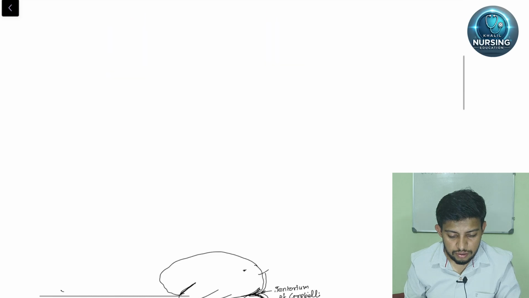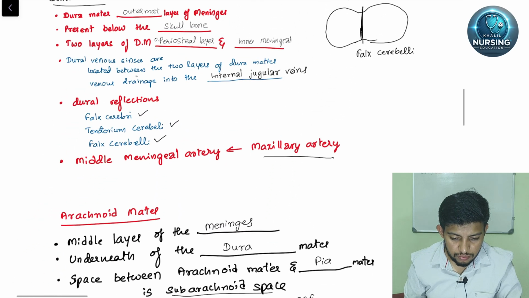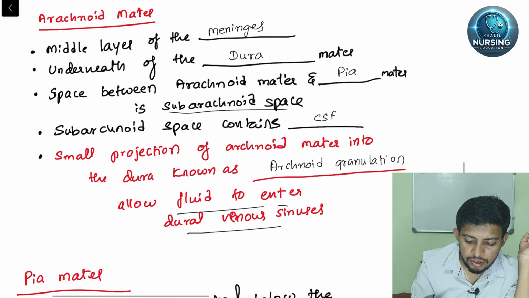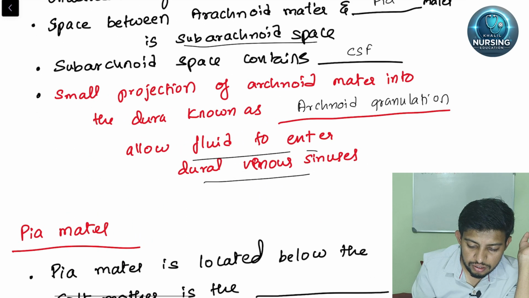Arachnoid granulations allow the fluid to enter the dural venous sinuses.